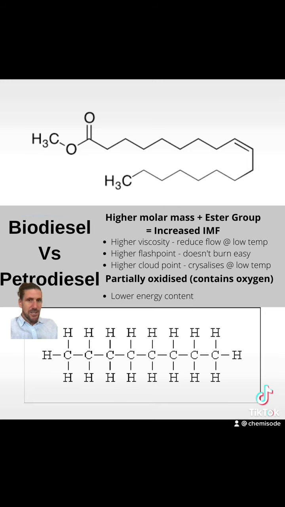Petrodiesel down here only has carbon and hydrogen. That means petrodiesel, containing only hydrogen and carbon, can be oxidized more than biodiesel, and that means petrodiesel will produce more energy. Biodiesel is already partially oxidized, which means it has a lower energy content. That is the final property that we're going to look at between biodiesel and petrodiesel.